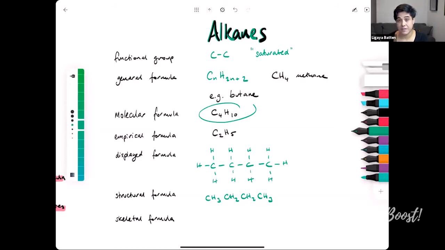So the skeletal formula for the same example will show the carbons as the ends of lines or corners. So in this case, we've got 1, 2, 3, 4 carbons. So this end of the line, this corner, and this end of the line, each represent a carbon.